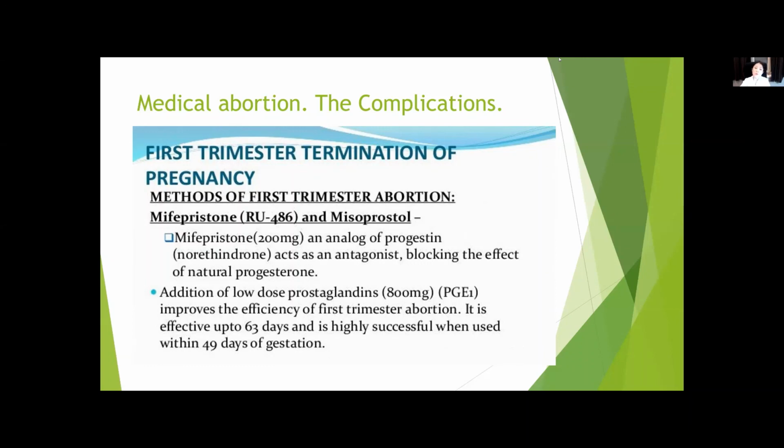Addition of low-dose prostaglandins, 800 micrograms, improves the efficiency of first trimester abortion. It is effective up to 63 days and highly successful when used within 49 days of gestation.